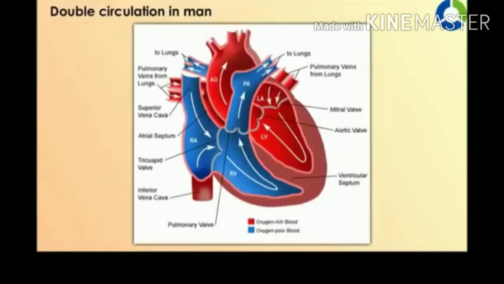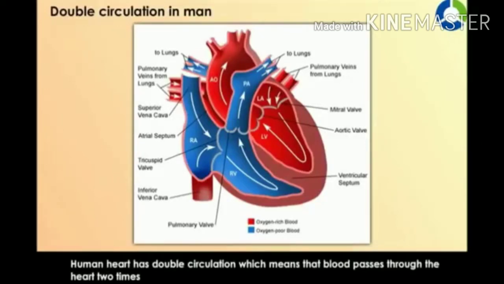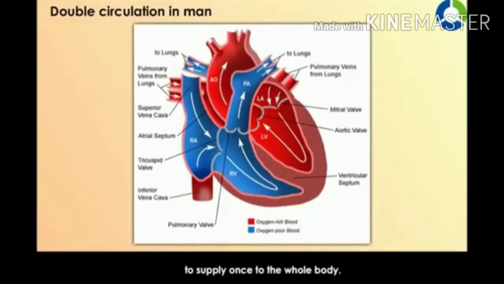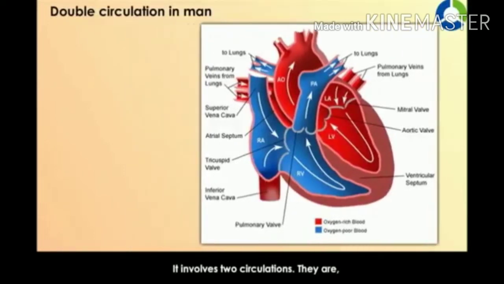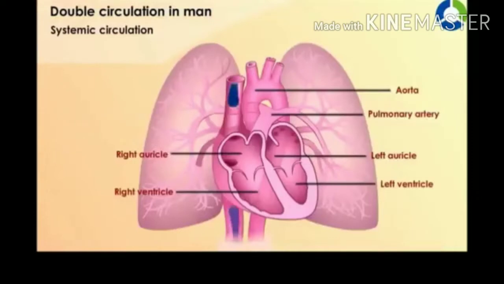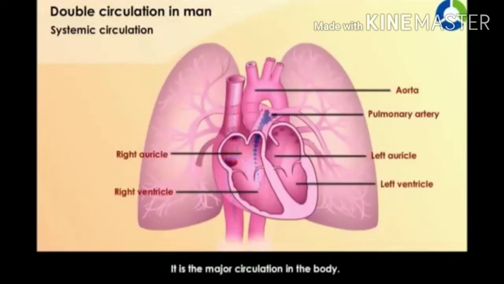Circulation in man. The human heart has double circulation, which means that blood passes through the heart two times to supply once to the whole body. It involves two circulations. They are systemic circulation and pulmonary circulation. Systemic circulation is the major circulation in the body.